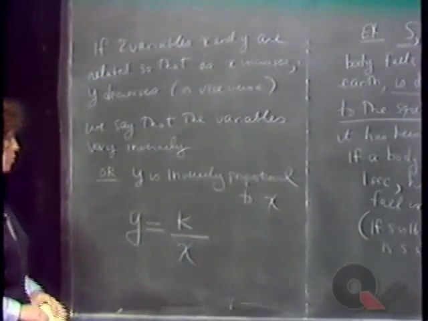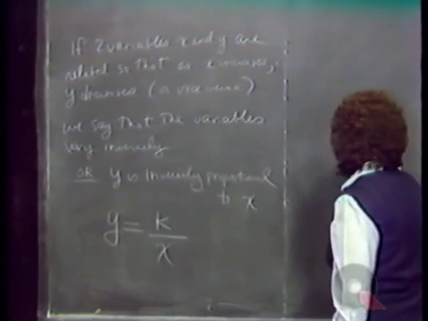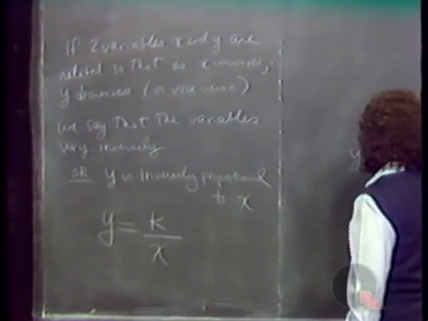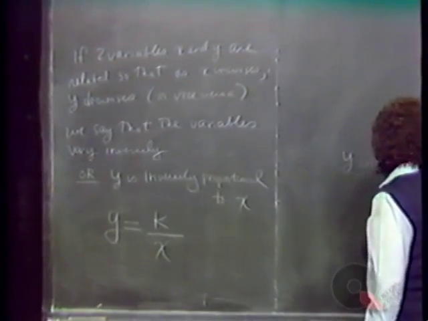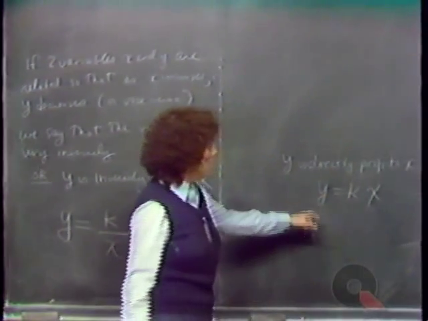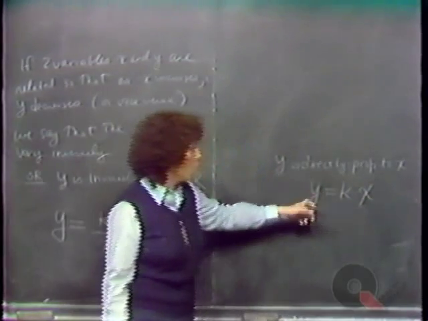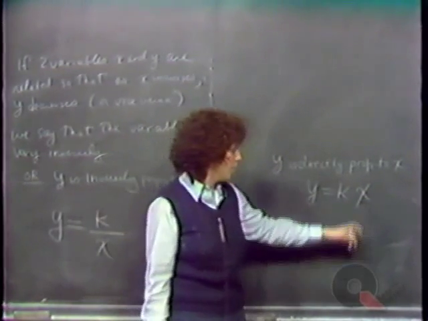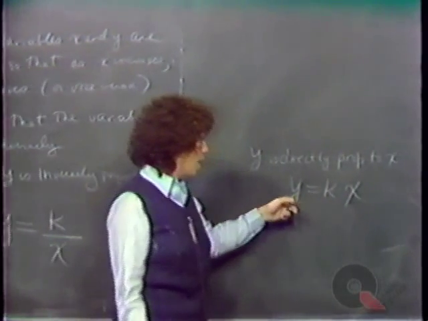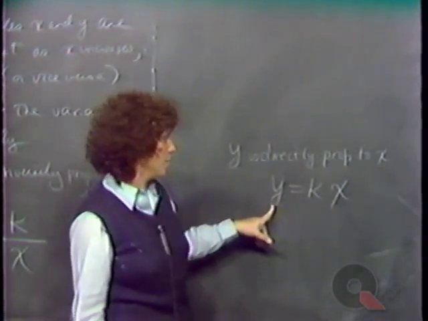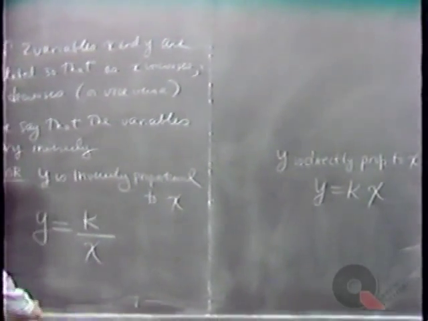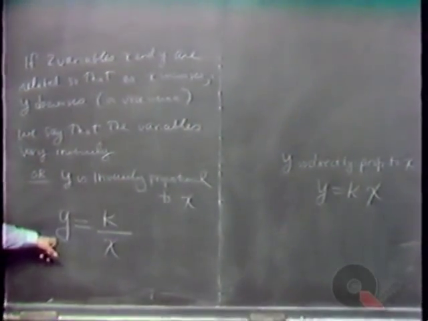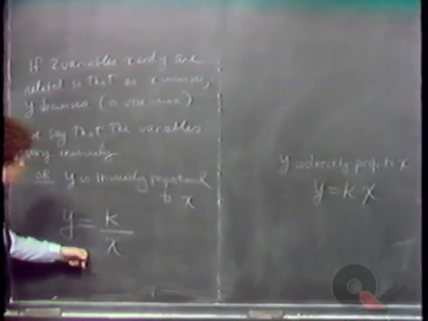Now, notice the difference between this and what we had before. Before we had y is directly proportional to x. Y equals kx. As x increased, y increased. As x decreased, y decreased. Here, y is inversely proportional to x.